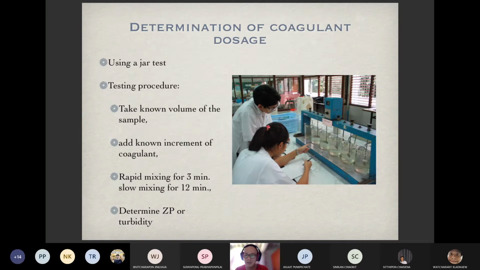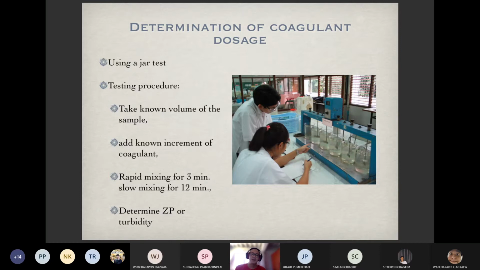There are about 6 paddles equipped with this motor. There is a cable connected with this motor to the other 6 paddles. So these paddles rotate with a constant speed. We can actually adjust the rotating speed here.